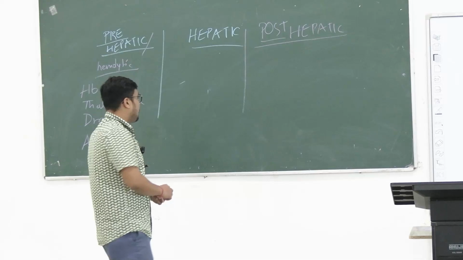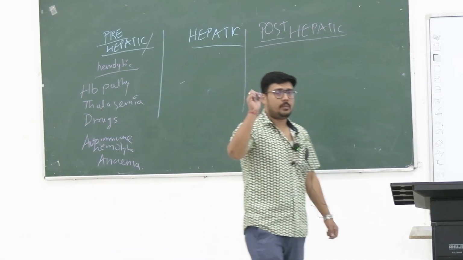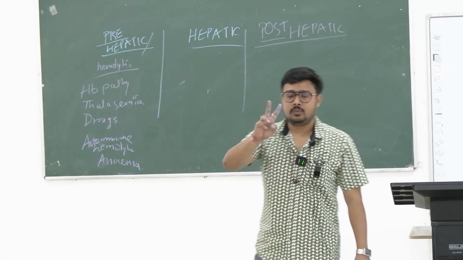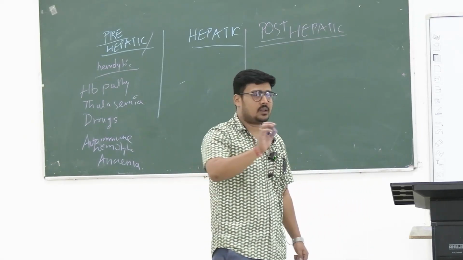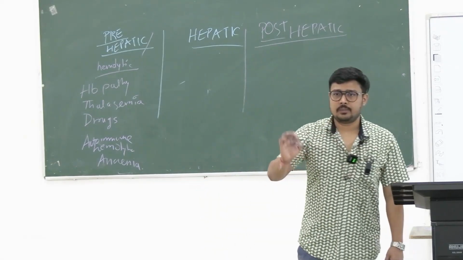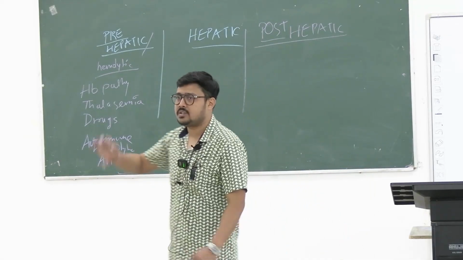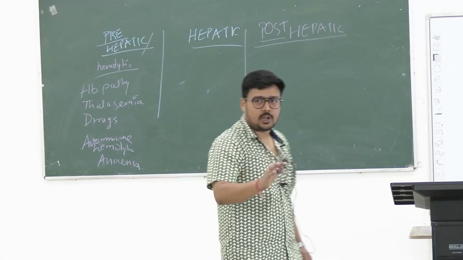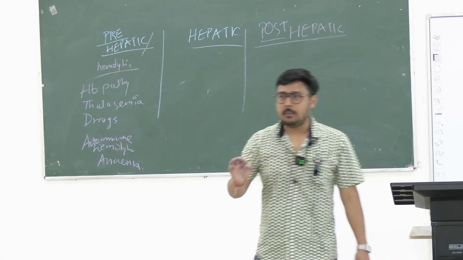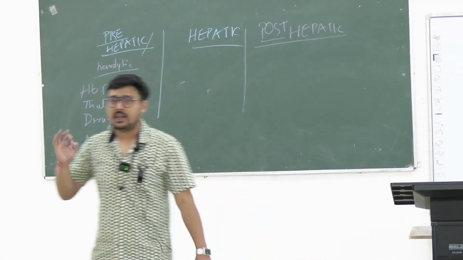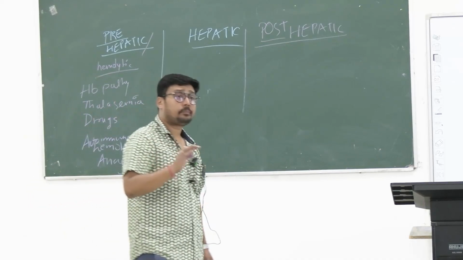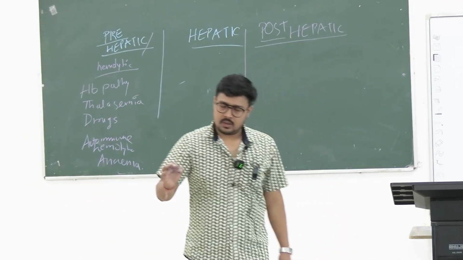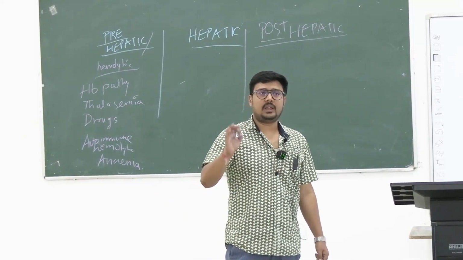Okay, so hepatic causes, I told you earlier, may be due to two failures. Either there is a machinery failure due to loss, damage, degeneration, necrosis of hepatocytes, or the logistic or transport failure due to some abnormality that interferes with the intrahepatic biliary radicals.